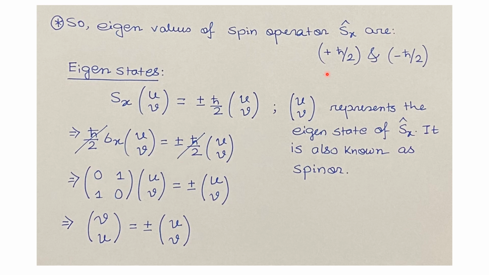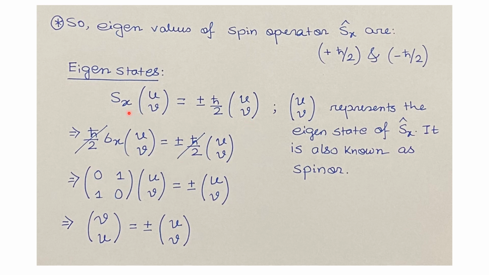Now we will find the eigenstates for this spin operator Sx cap. Let us consider that (u, v) represents the eigenstate of Sx cap. It is also known as a spinor. To find the eigenstates, we consider the Sx operator times the eigenstate (u, v) equals the eigenvalue, plus minus ħ/2, times the spinor (u, v).